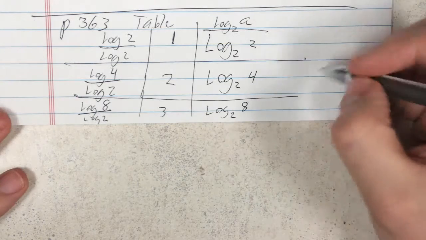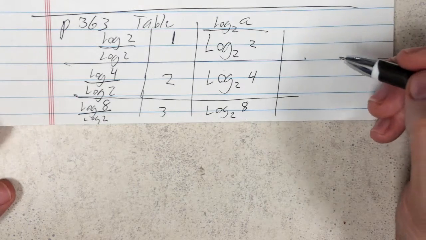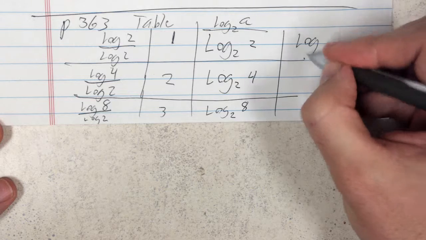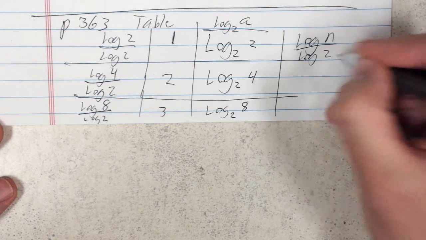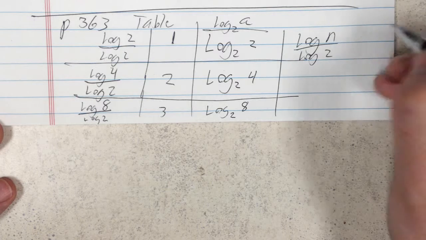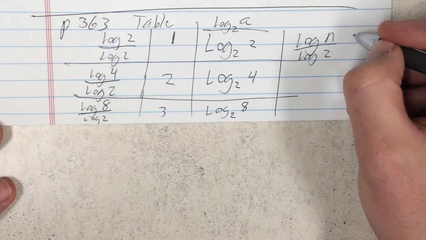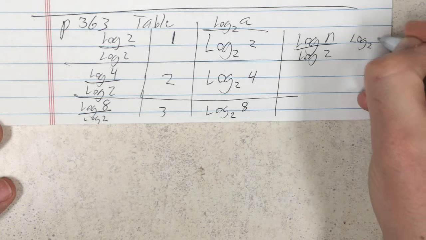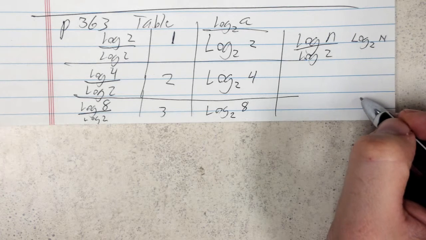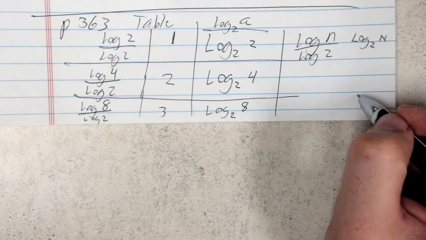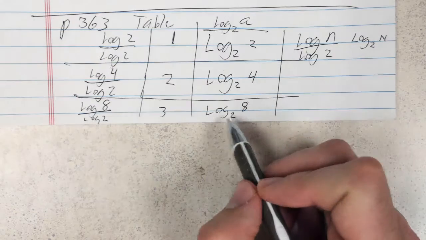What we should be seeing eventually, and that's the one at the bottom, is log of n divided by log of 2. That is going to give us log base 2 of n.